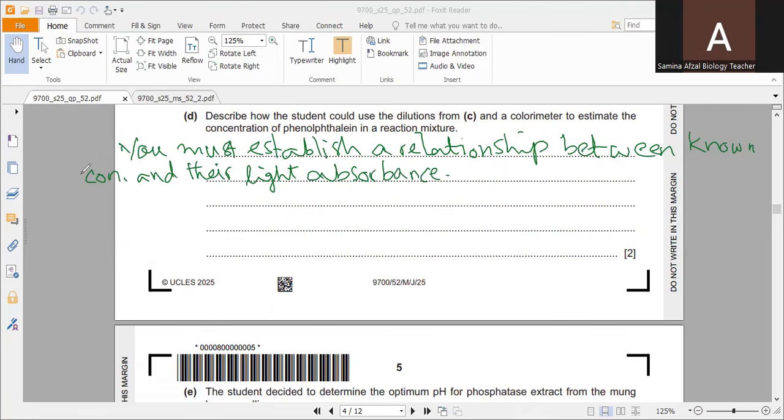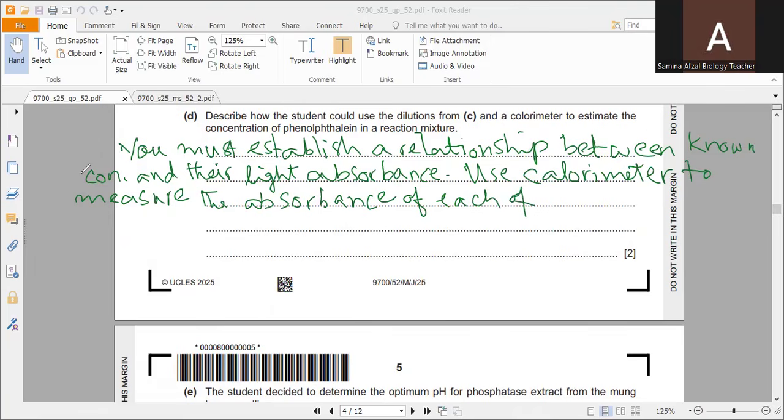Secondly, use the colorimeter to measure the absorbance of each of the known dilutions which we have done in part C.